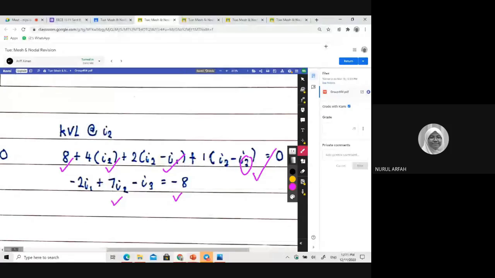So this is correct. And then you have minus I3. And then you have here 2 minus I1. So this is wrong, right? Isn't it? Brother and sister?